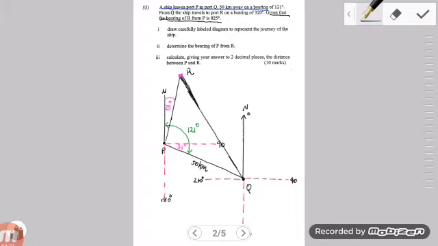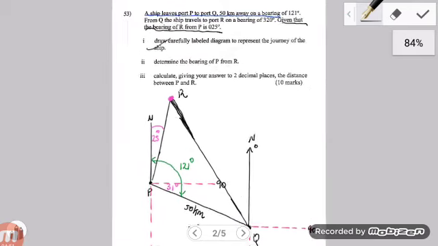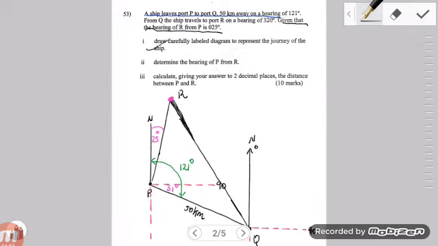All right, so here we go. We've completed this part. We are now asked to determine the bearing of P from R. So again, once you're trying to find the bearing, guys, you're going to need to establish a north line.